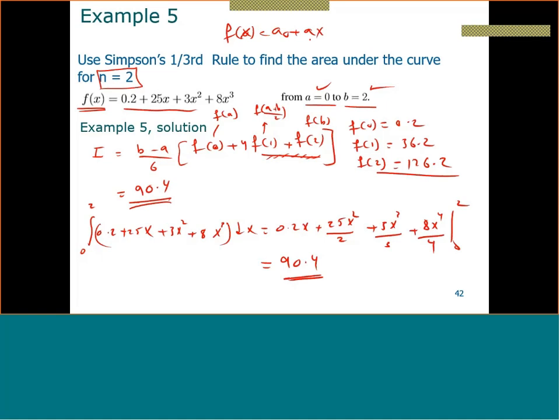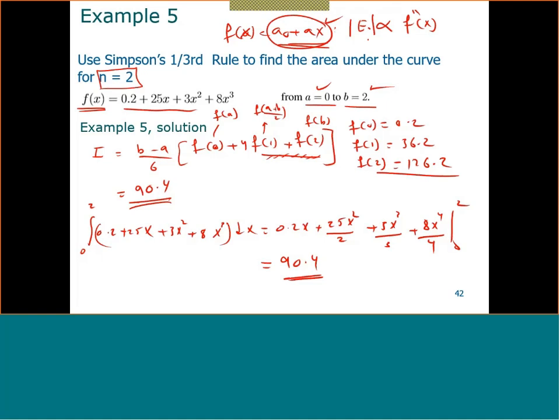The error will be 0, only if we have first order. The reason is that we found the error is proportional to the second derivative of f. So when you take the second derivative of this, you get 0. So if the function is linear, a first order polynomial, then you get a 0 error.